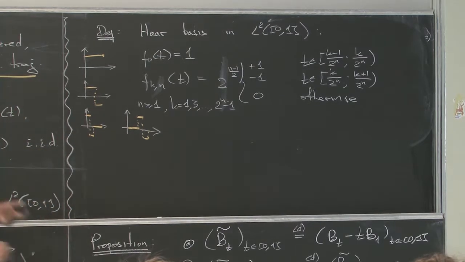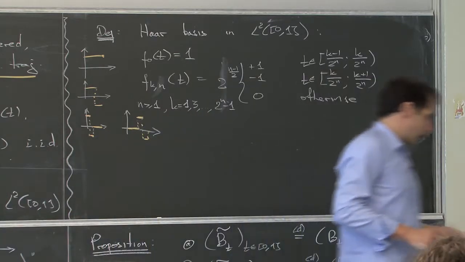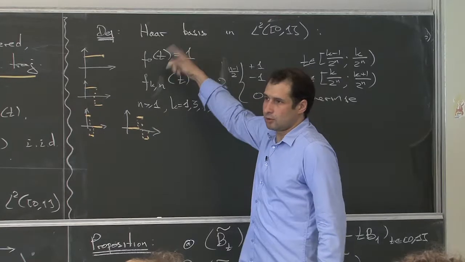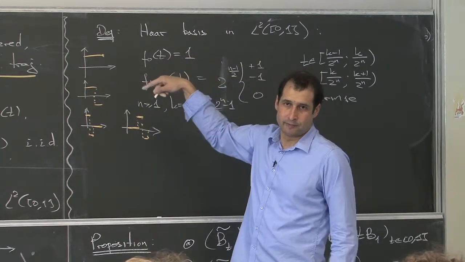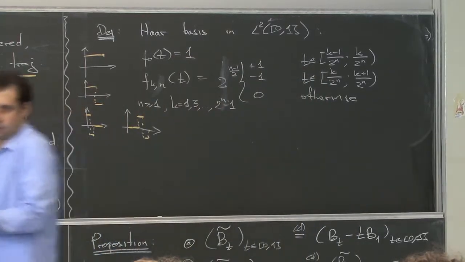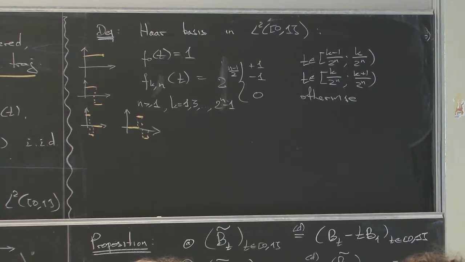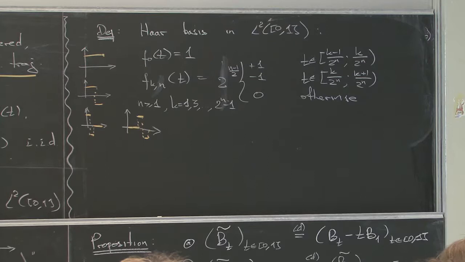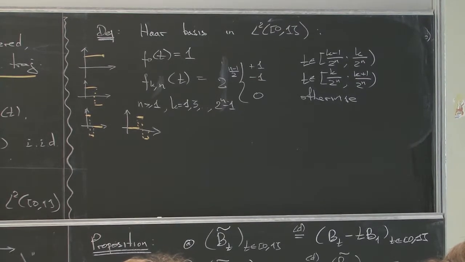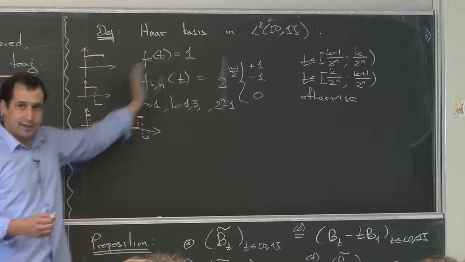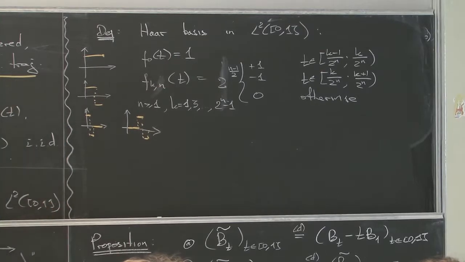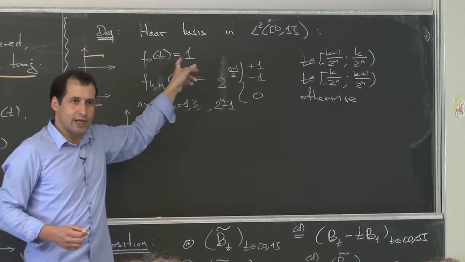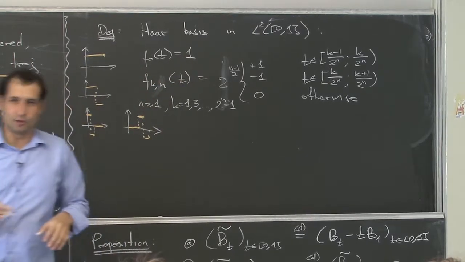Well, there is something not absolutely trivial here. What is trivial is that all these functions are orthogonal to each other. If you multiply any two of them, you have 0. This is a proof by a picture, right? So this is not a formal proof, but okay, just write it down by yourself. What is slightly non-trivial is that this is a complete family, that actually there is nothing in the orthogonal complement.